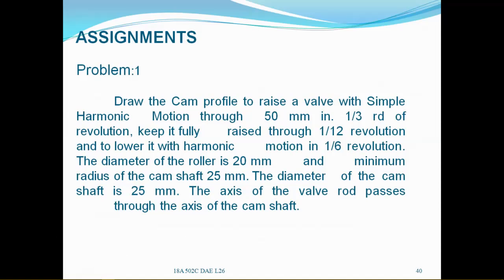There is the 120 degrees outstroke, 30 degrees dwell, and 60 degrees return stroke, and the remaining is the dwell period. The stroke length is given to you. Same as in the previous simple harmonic motion problem, you can solve this by drawing the displacement diagram as well as the cam profile.